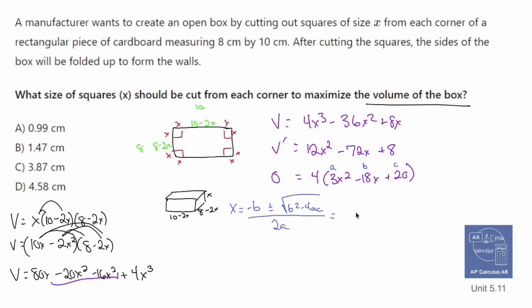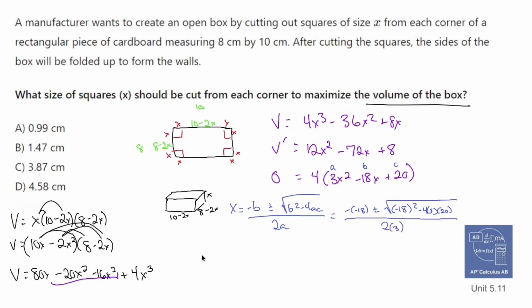And we'll plug in our friends. Negative 18 plus or minus the square root of negative 18 squared minus 4 times A, which is 3, times C, which is 20, all over 2A, which is 2 times 3.